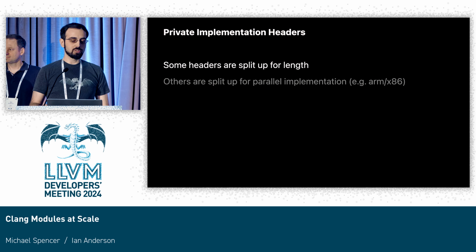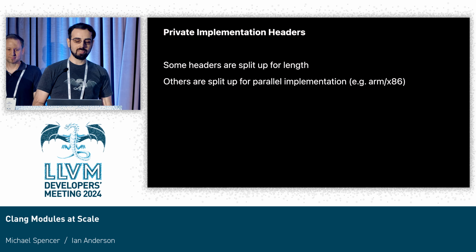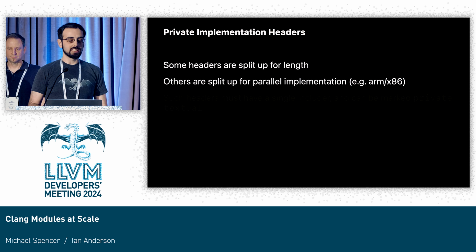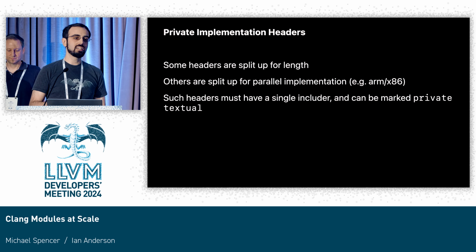Another one is for parallel implementations, where you'll have some common declarations and then, on ARM I need this inline assembly and on x86 I need this different inline assembly. There's a solution for this: we make sure that they have a single includer and that they're marked as private textual. This private textual prevents other modules from including it. And so we can guarantee that the declarations that exist in these textual headers belong to only a single module.